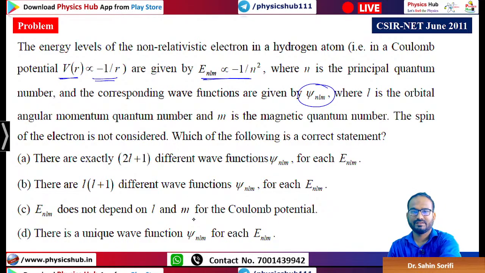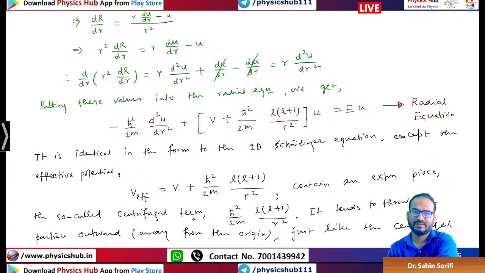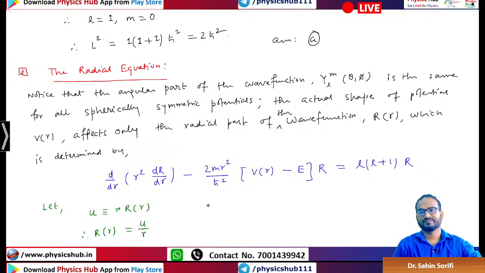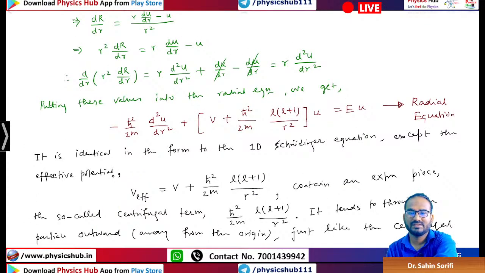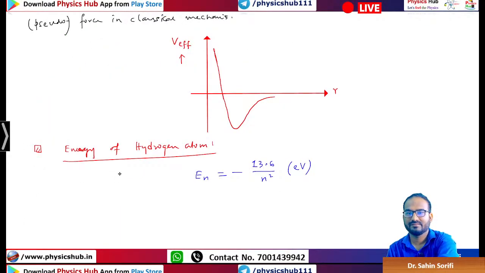One thing I wrote: angular part of the wave function is the same for all spherically symmetric potential. Actual shape of the potential affects only the radial part. Radial part is responsible for n.